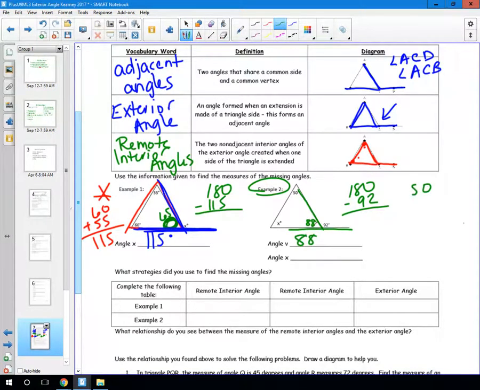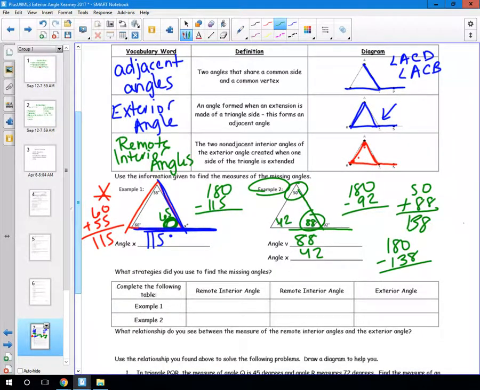So 50 plus 88 is 138, and then I can work backwards and say 180 minus 138, and I get that the interior angle is 42. Now, how can I check to make sure that is right?